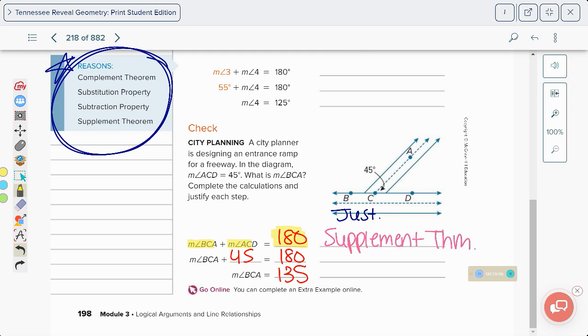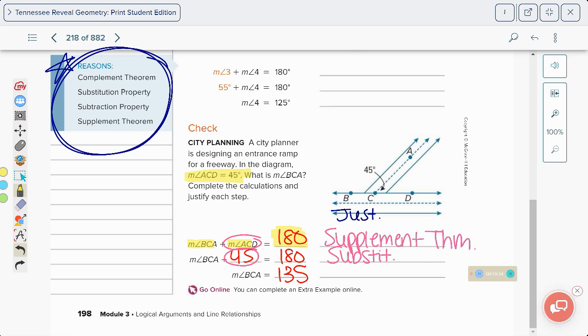Okay. Now, when I went from the first statement to the second, if you notice, we have replaced ACD with 45 degrees because they told us its measure up here in the problem. So I've replaced things that are of equal value. So that would be the substitution property.